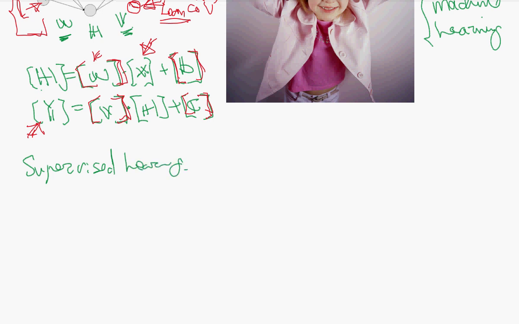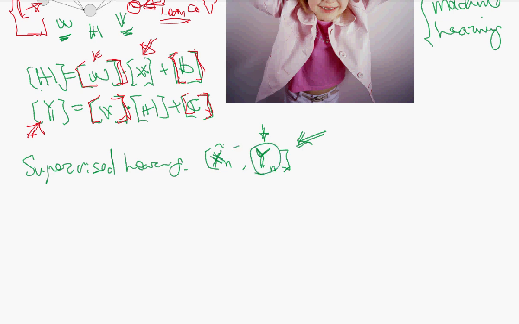Supervised learning means we have many x vectors and y vectors. This is like the loan applicants in the past. This kind of applicant was granted, and the result is good, or the y is changed, the loan defaulted.